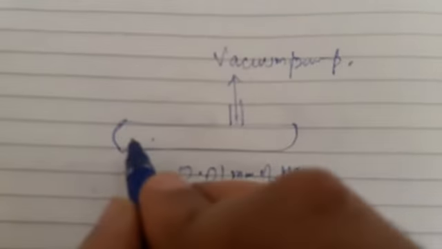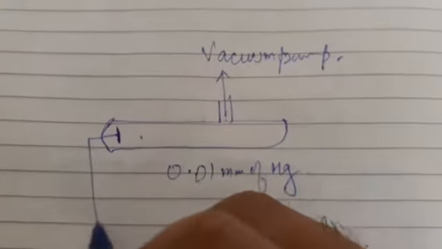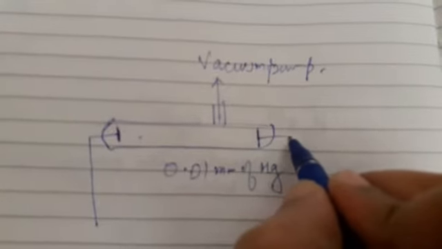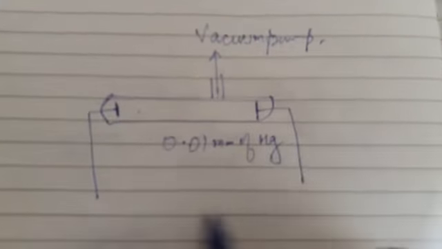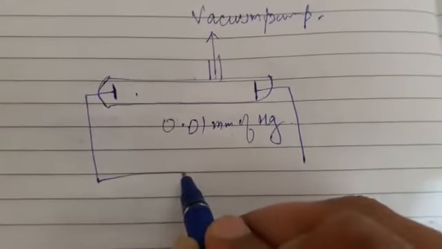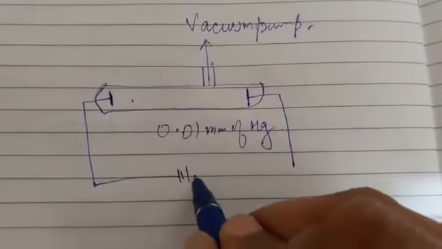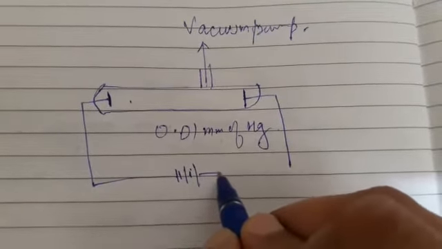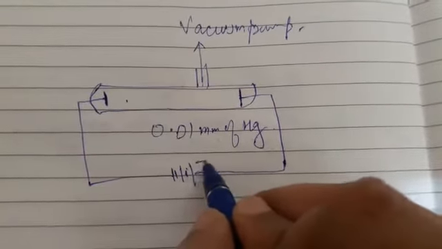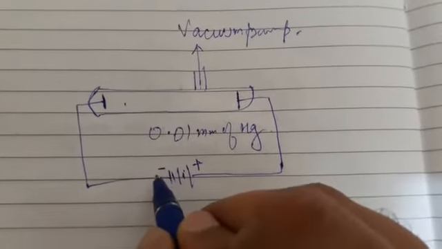Now two rods, which will be called electrodes, of metallic nature, were taken at either end, and then they were connected to a battery. In your book it has been written induction coil. The induction coil was just a sort of battery, and one battery terminal is positive, another one is negative.